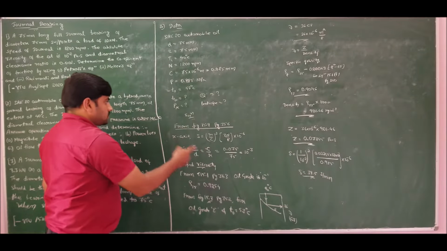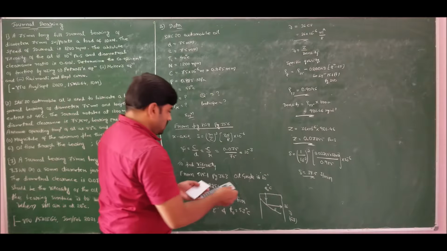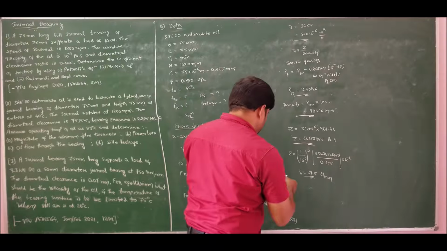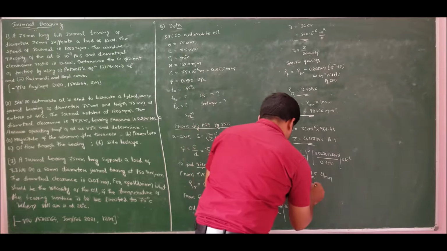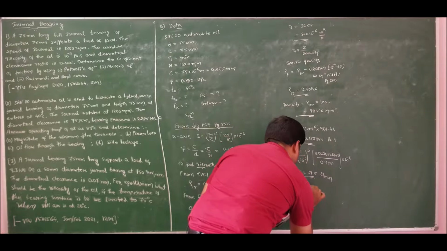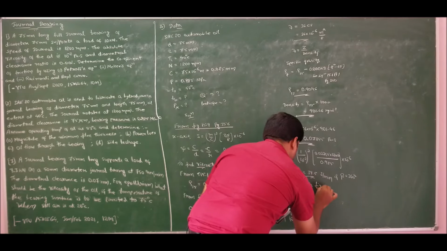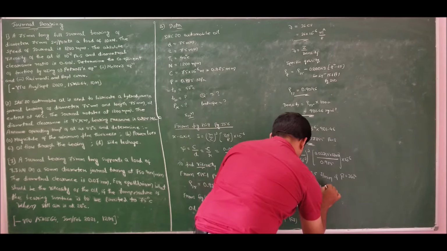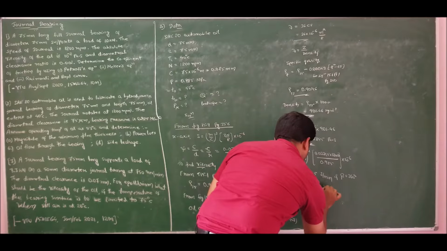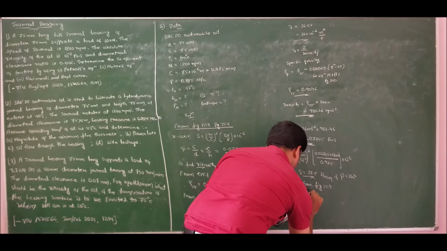If I refer to figure 15.9 on page number 356 for S equal to 39.5 and beta equal to 360 degrees, I get H0 by C from that figure as 0.96 with C the radial clearance.